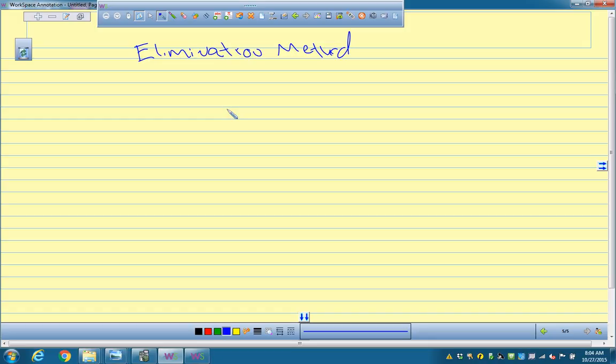You're set up with equations that don't look like they can be easily solved by substitution. 2x minus 3y equals 14, and 4x plus 3y equals 46.